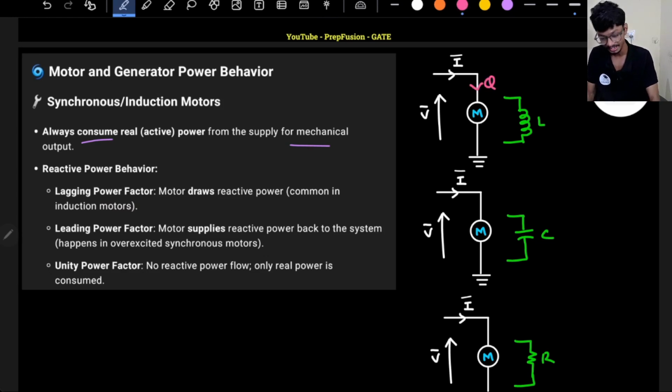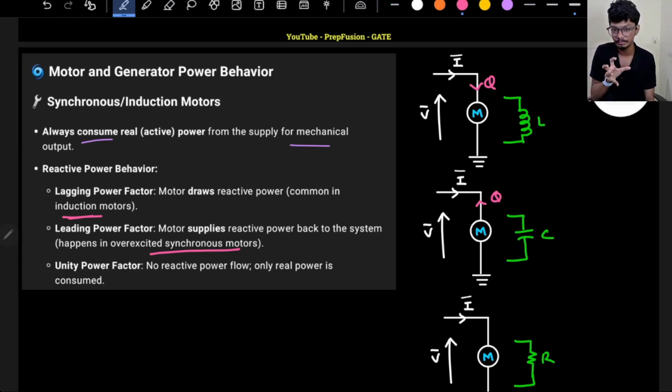If the reactive power is going into the motor, we say it is operating at lagging power factor. When the motor is supplying reactive power, which is possible for synchronous motors but not for induction motors, which can only consume reactive power, then it is known to operate at leading power factor.